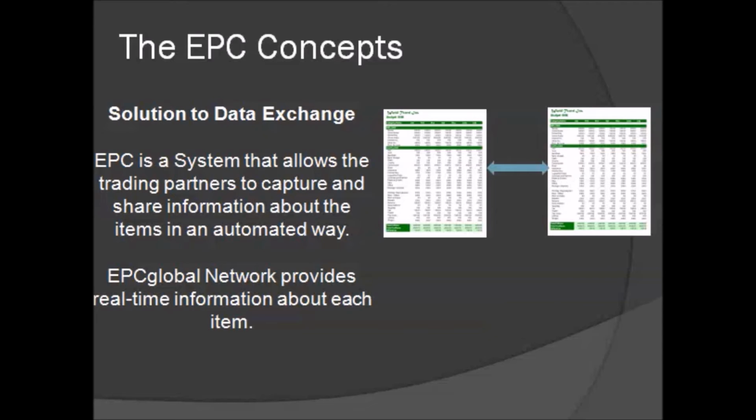Then the trade partners can identify individual trade items, can capture the data from the goods. Then all the partners of the supply chain can try to share the information in an automated way.